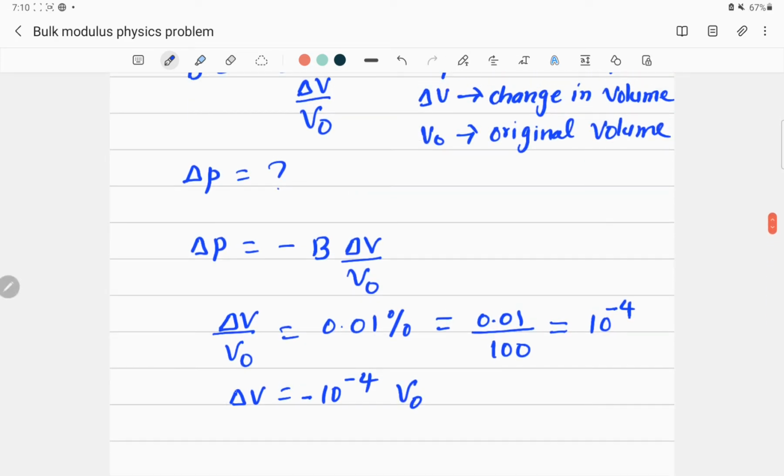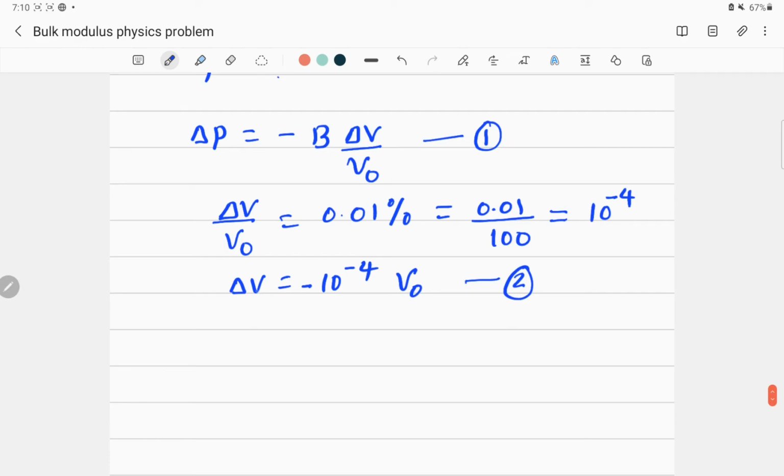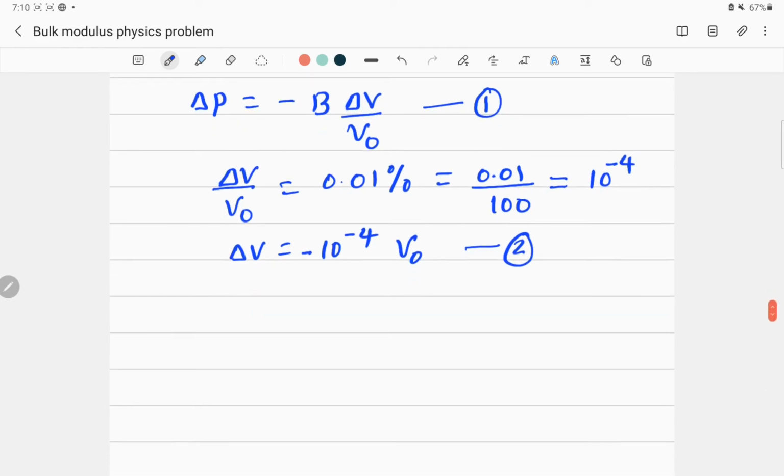Suppose this is equation 1 and this is equation 2. Plugging the value from equation 2 into equation 1, you will get ΔP equal to negative B times negative 10^-4 V naught divided by V naught.